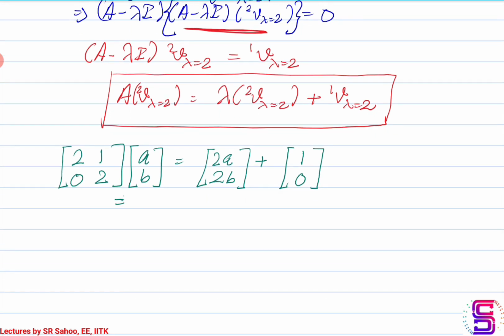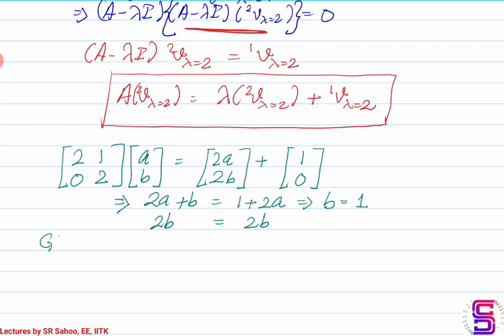So let's see what are the equations that we get. We have 2A plus B to be equal to 1 plus 2A. And then we have 2B to be equal to 2B. So the last equation is a trivial equation. And the first equation yields that B has to be equal to 1. Okay.